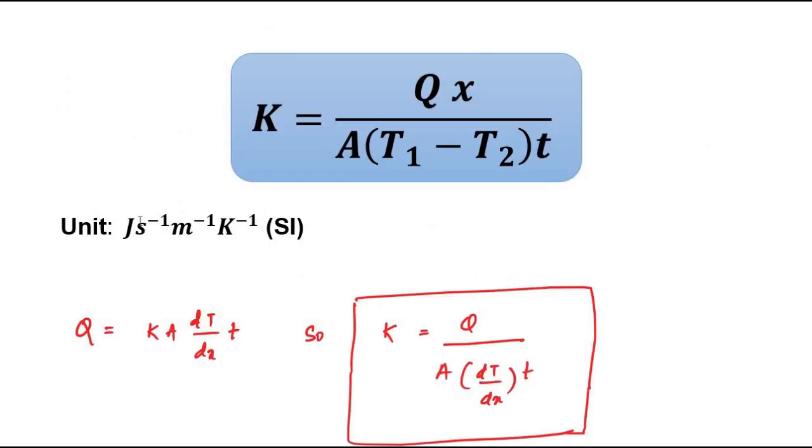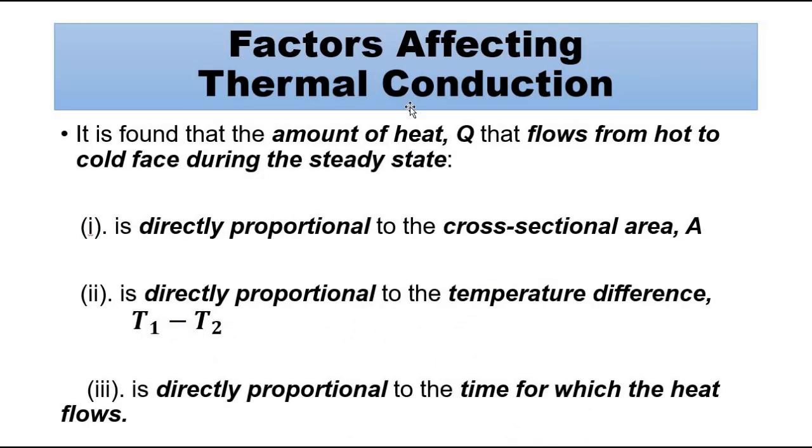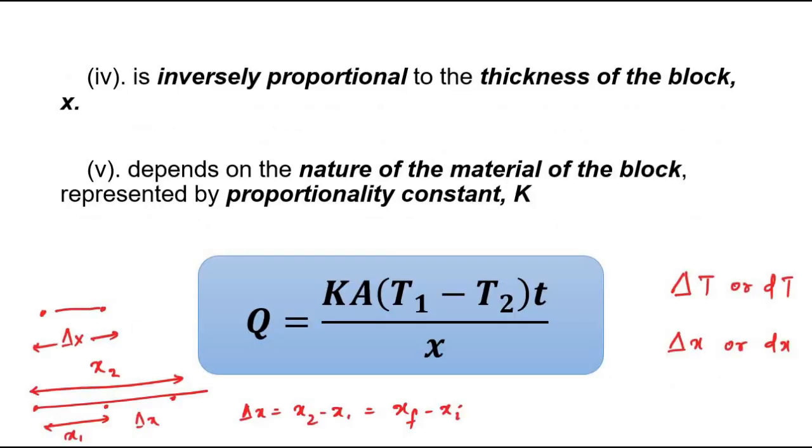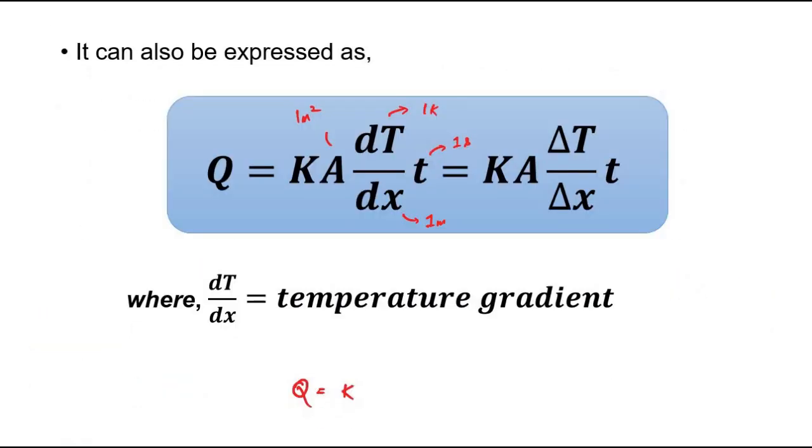So this is the SI unit of the coefficient of thermal conductivity, joule per second per meter per Kelvin. Here we have discussed a very important concept which gives us all the factors which affect thermal conduction or heat flow, and also gives us a mathematical relationship for heat flow.